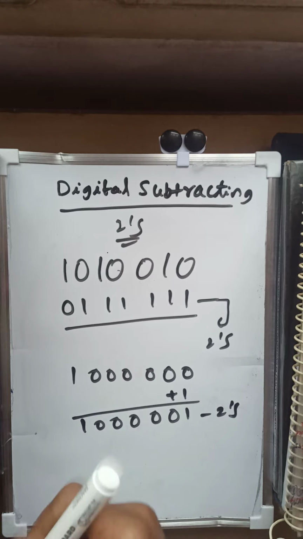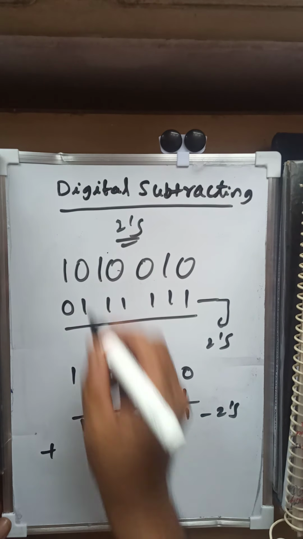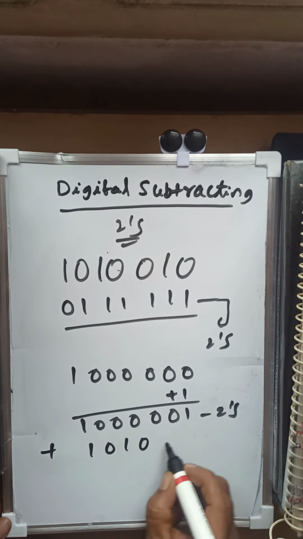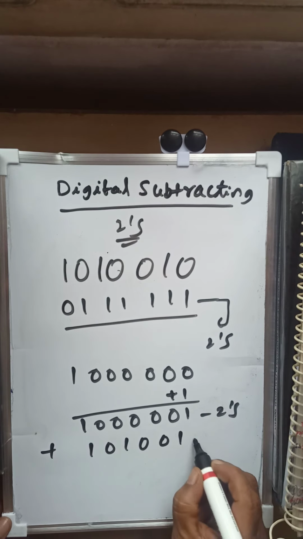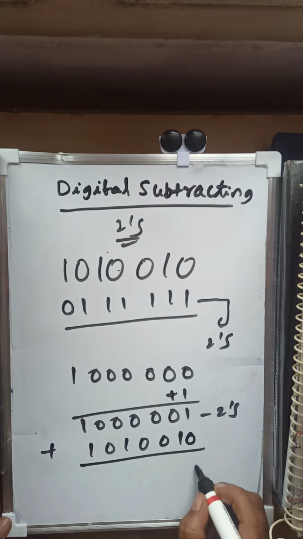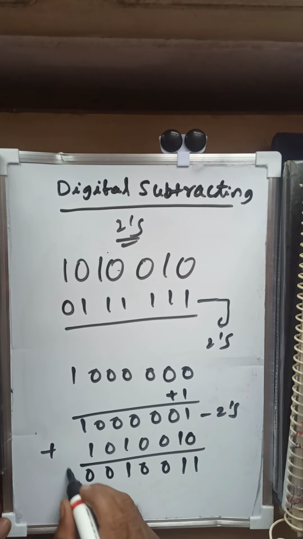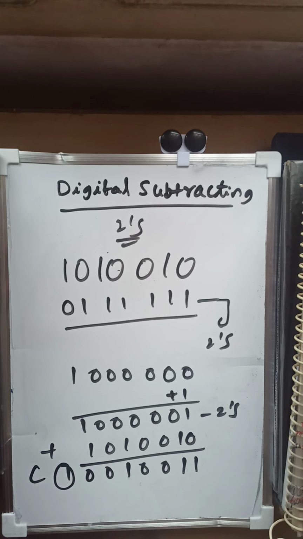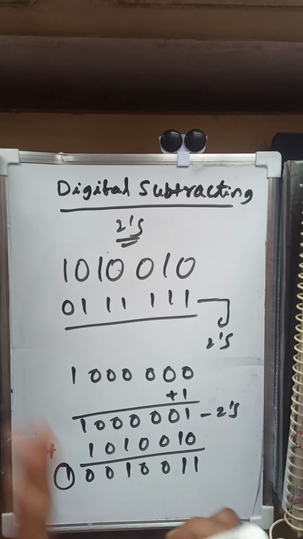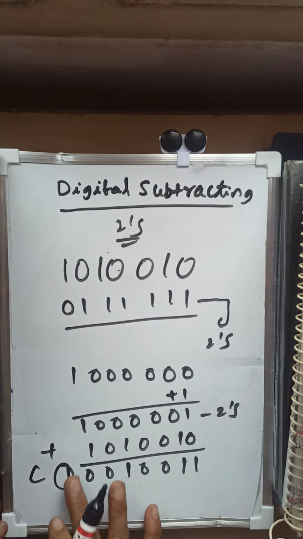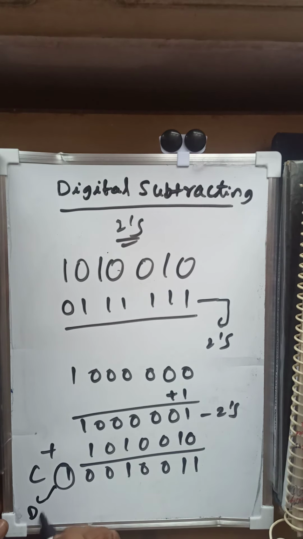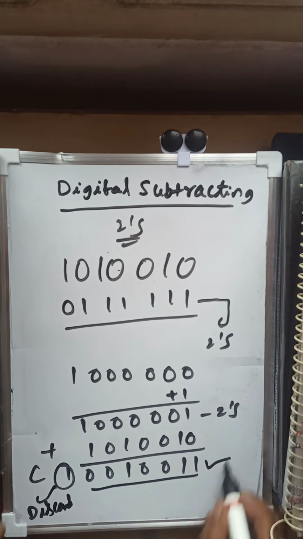To this we add 1 0 1 0 0 1 0. The result is 1 1 0 0 1 0 0, and this 1 is the carry. In the 2's complement, if the carry comes, we can discard it, keep it away. So this is the final answer.